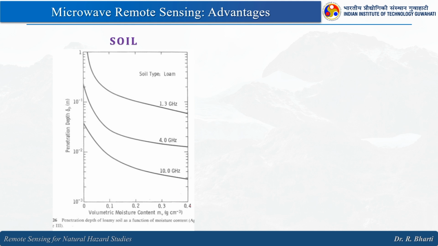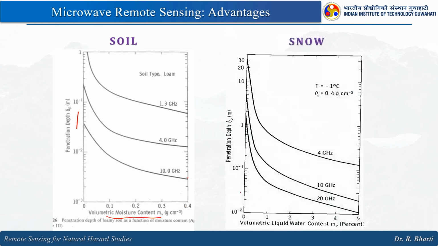When we talk about the penetration depth in the soil, you see the volumetric moisture content, when we have more moisture content, the depth of penetration will be less, right. When we are having snow, here also you see volumetric liquid water content, and this is the penetration depth.